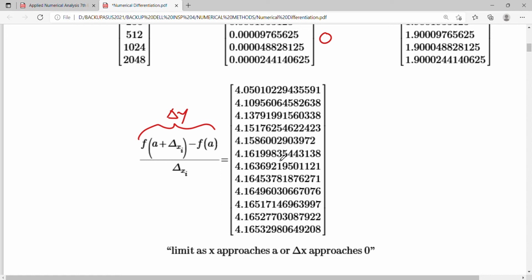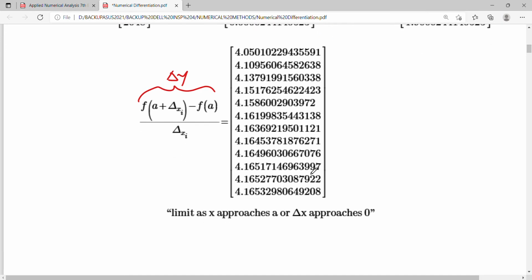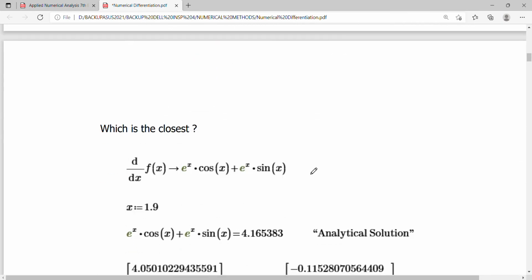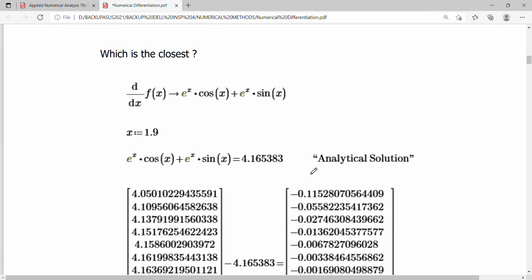Okay, so which is the correct value here? Of course, you have to compare it with the exact value you can get from the analytical solution. Okay, so you differentiate the function and it will give you this value. So this is the exact value, if you do it analytically.